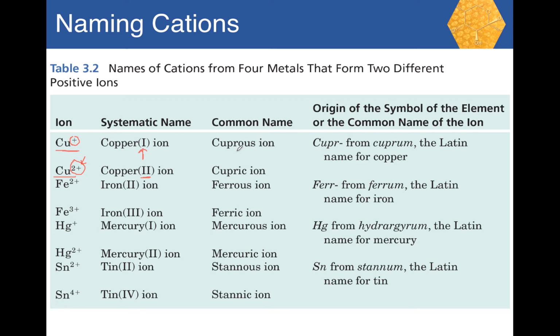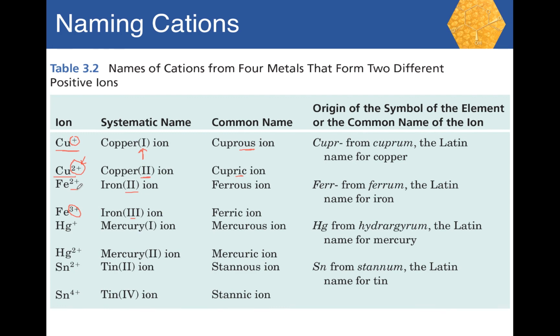You'll also see that we can use these terms with the suffix OUS or IC. But we'll emphasize, or we will be using more, the Roman numeral. Same for iron, 2 and 3, because it has Fe3 plus or Fe2 plus. So look out for that.